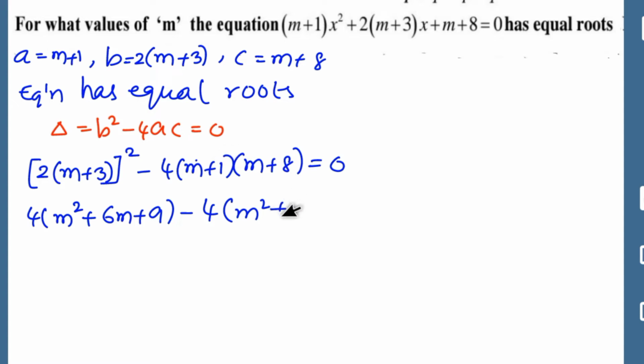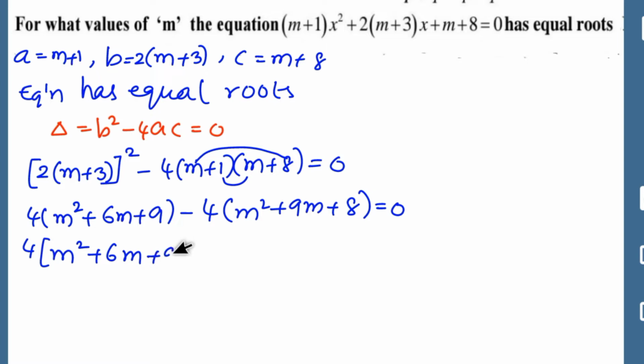So total this is 9m, 8m plus 1m is 9m. Next 1 into 8 is 8, equals to 0. So what is common? 4 is common, take 4 common. So it becomes m square plus 6m plus 9. Already 4 common, so multiply with minus m square minus 9m minus 8 equals to 0.